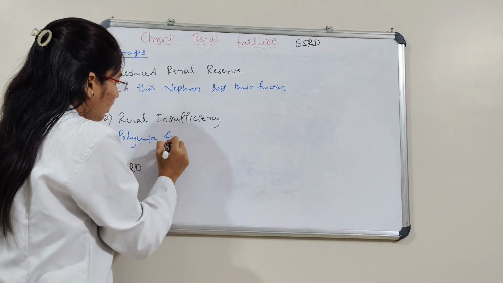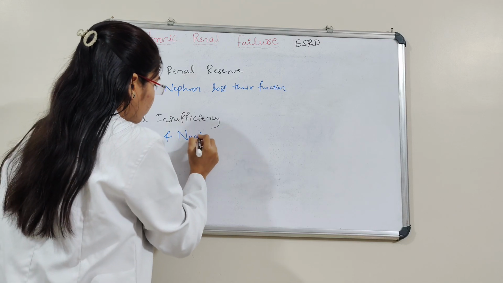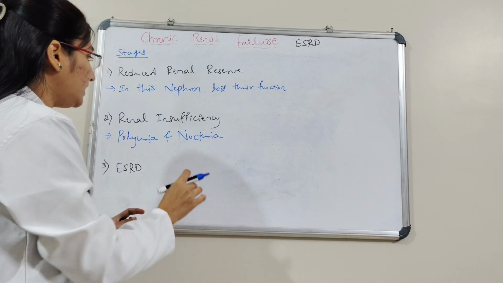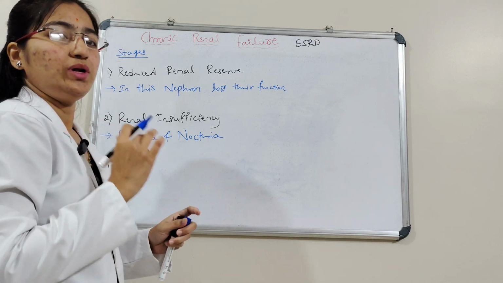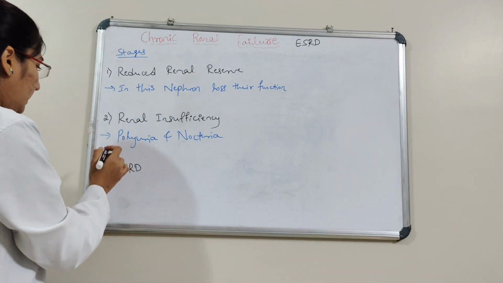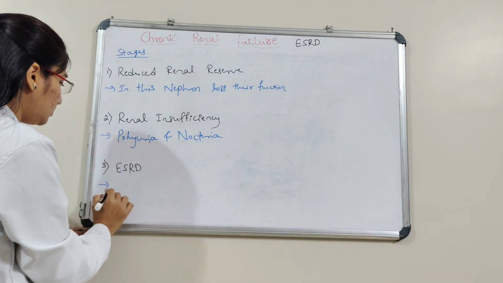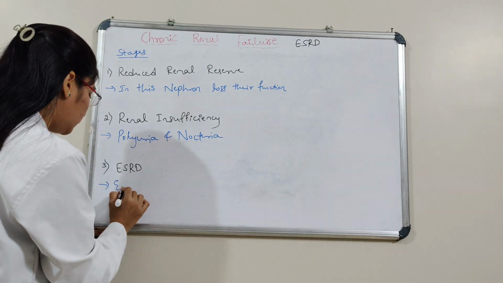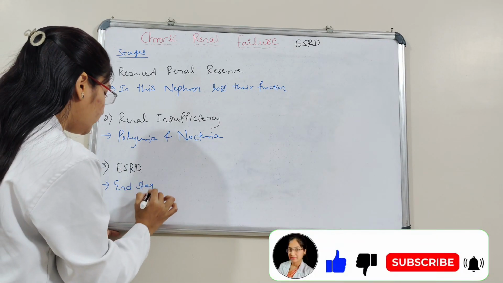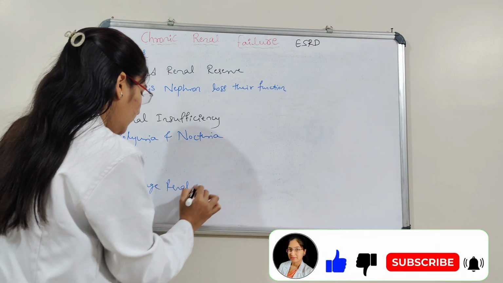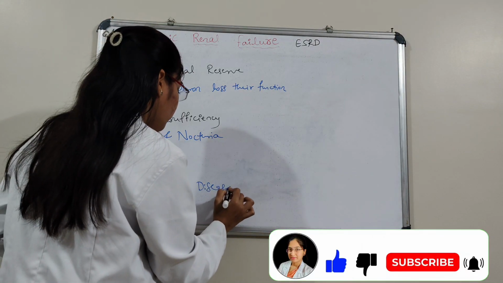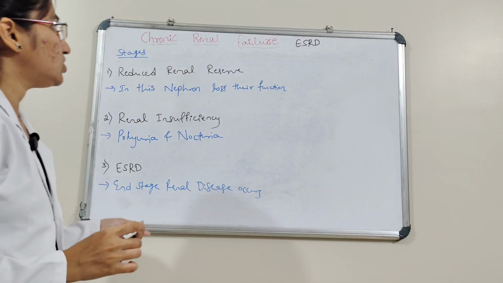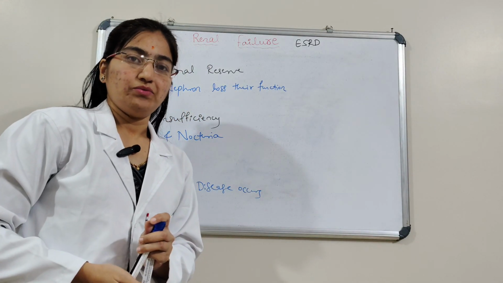Polyuria is nothing but increased production of urine, and nocturia is frequent urination at night, we can say. And then comes the third stage, where ESRD, end stage renal disease, occurs. These are the 3 stages of chronic renal failure.